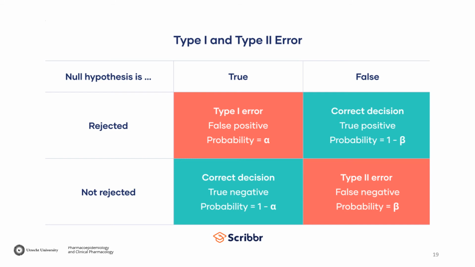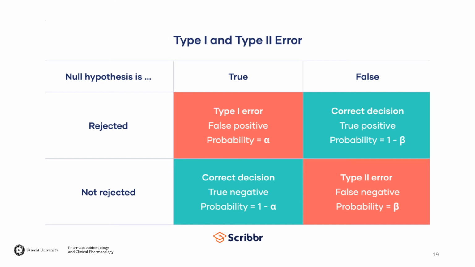And again, we can also put this alpha lower, for example a 1% chance of committing the type 1 error. But this lower value would then also mean that it's less likely to detect a true difference if there really exists one, and we'll probably need more patients.